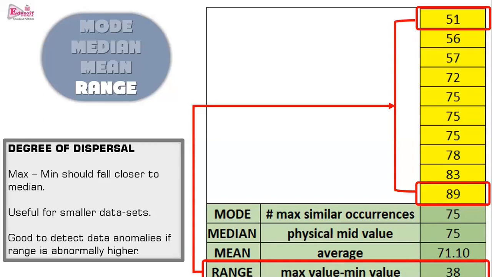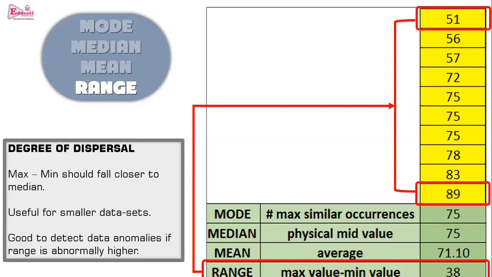But if that range is very short, suppose 50 minus 30, this is a very short range. Here I can figure out that many people of young age and many people of elderly age have been excluded from the survey, and the survey has not been taken properly. So I can get the survey data collected once again.